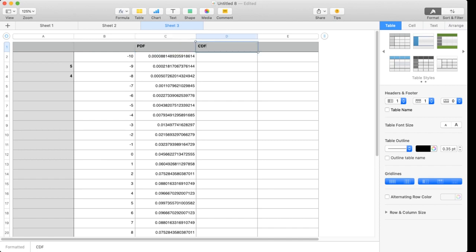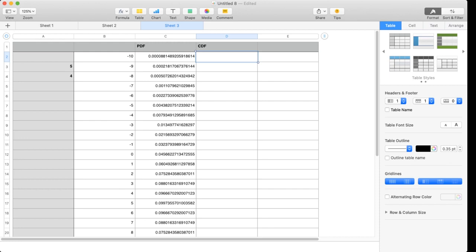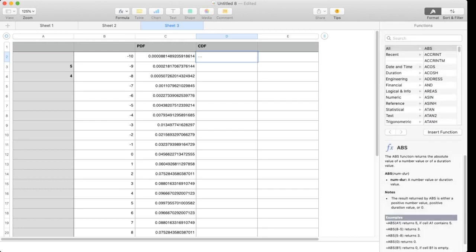Now I get a CDF, the cumulative distribution function. I'll use the same NORM.DIST, and then I'll use the number, which is this, and the average, the mean, which I fix with a dollar sign.